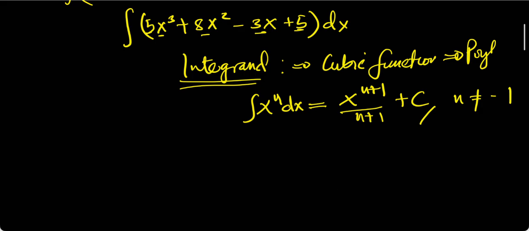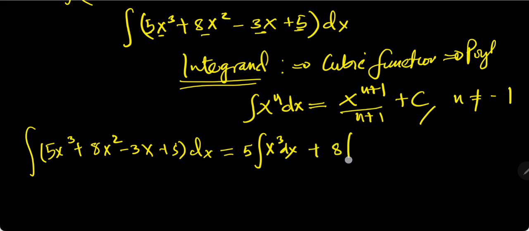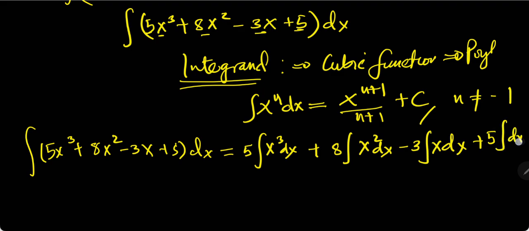So now we may rewrite the function. The integral of 5x cubed plus 8x squared minus 3x plus 5 dx. If I use property number 2 and number 1 at the same time, it is the same as saying 5 outside, then integrate x cubed dx, plus 8 outside, then integrate x squared dx, minus 3 outside, integrate x dx, plus 5 outside, integrate dx.